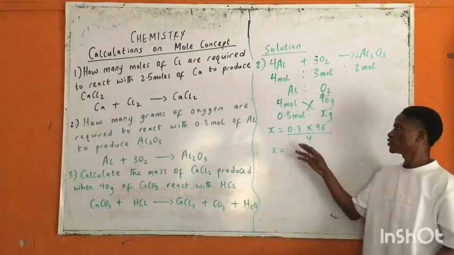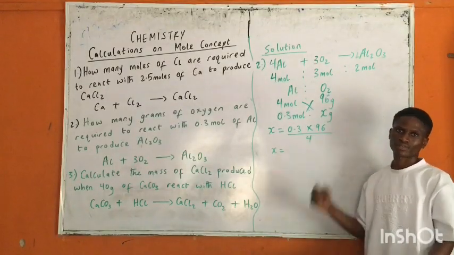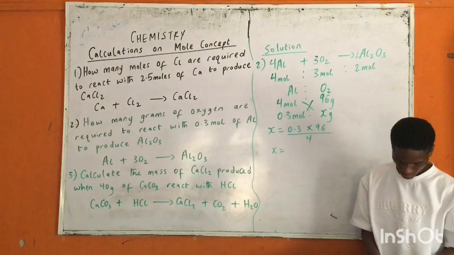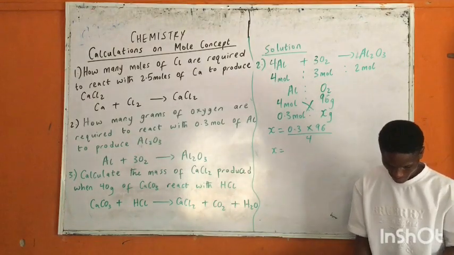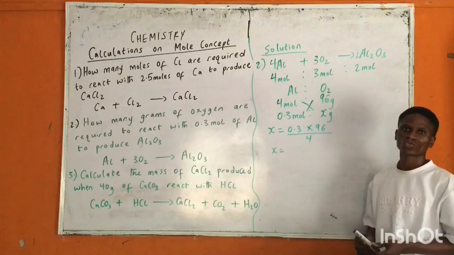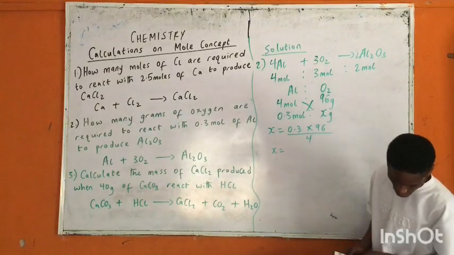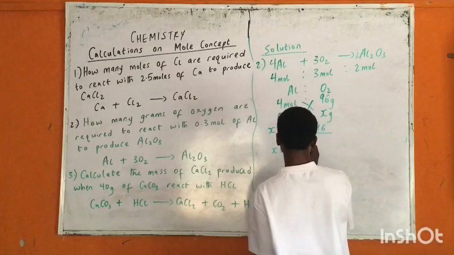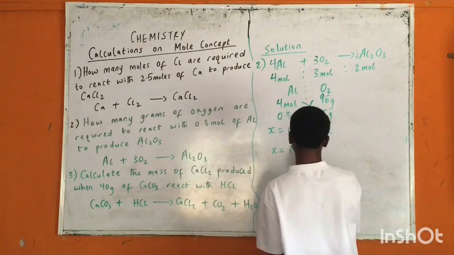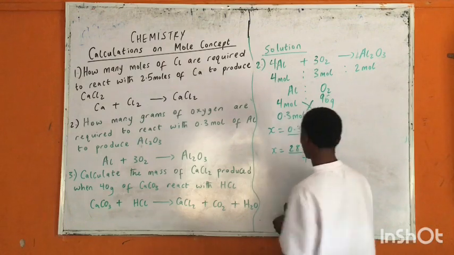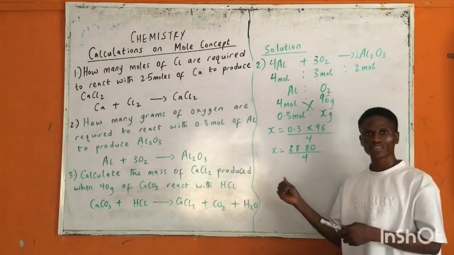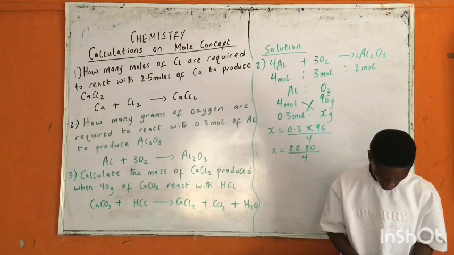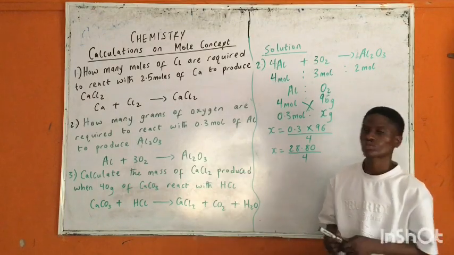Now 0.3 multiplied by 96. Right, so we're having 28.80. So 28.80 like before.